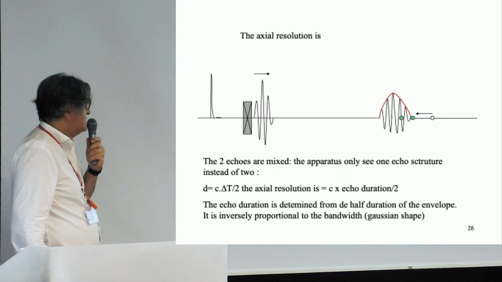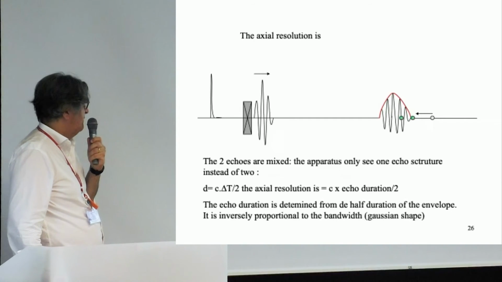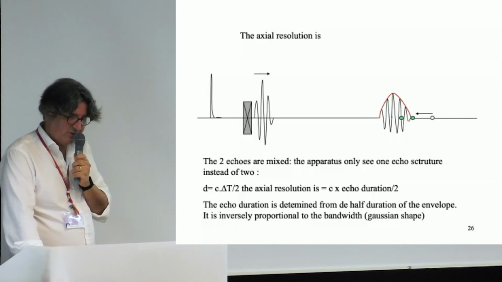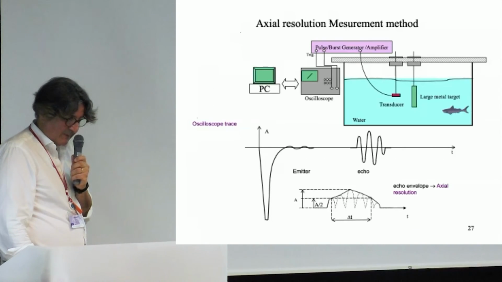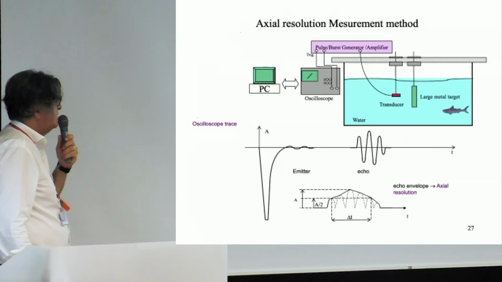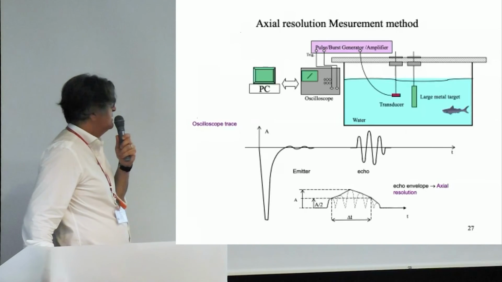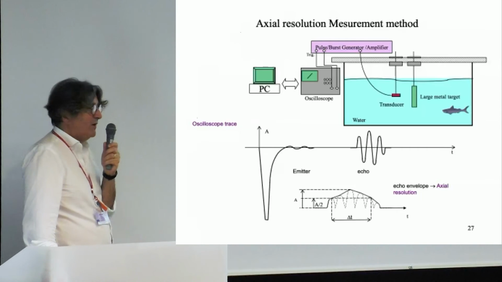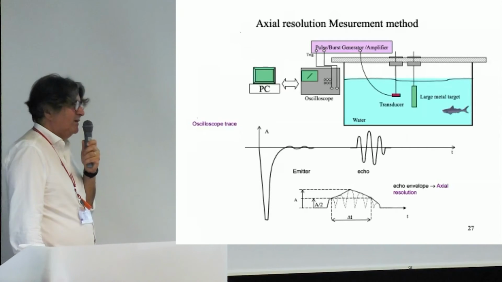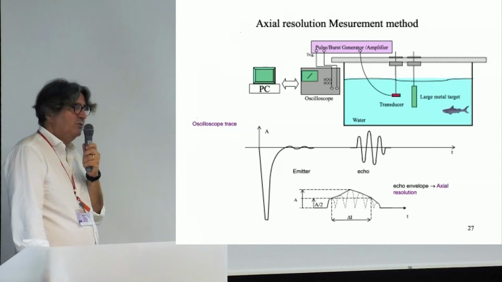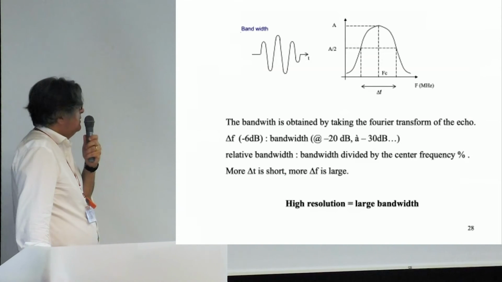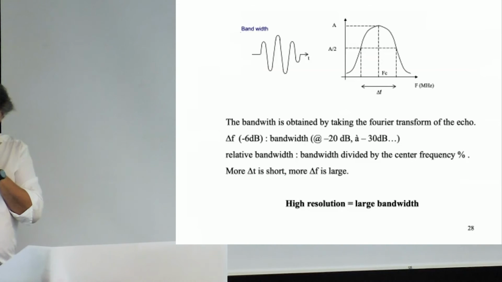The echo duration is determined from the half duration of the envelope. It is inversely proportional to the bandwidth, if we assume a Gaussian shape. Again, to measure it, you do the measurement in a water tank, you send a pulse, and you measure the envelope by various signal processing techniques. It's not complicated. So that was the point I discussed.